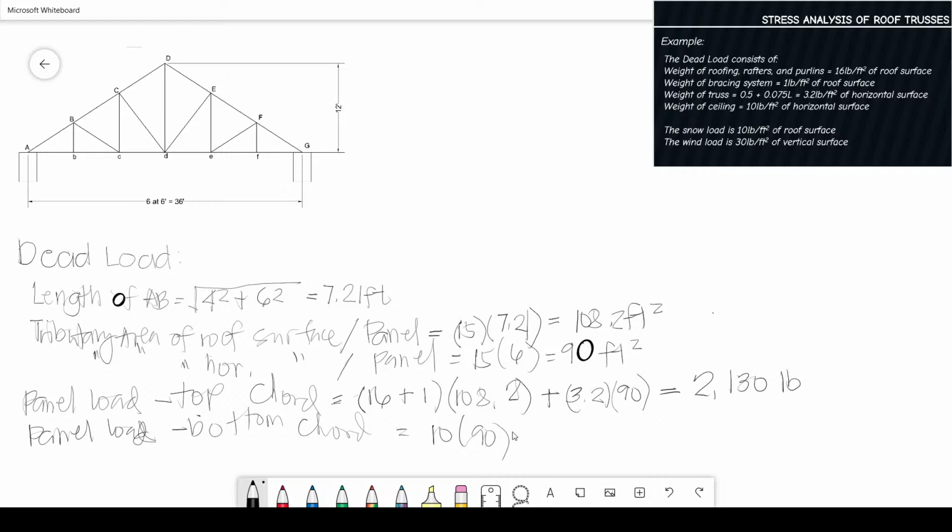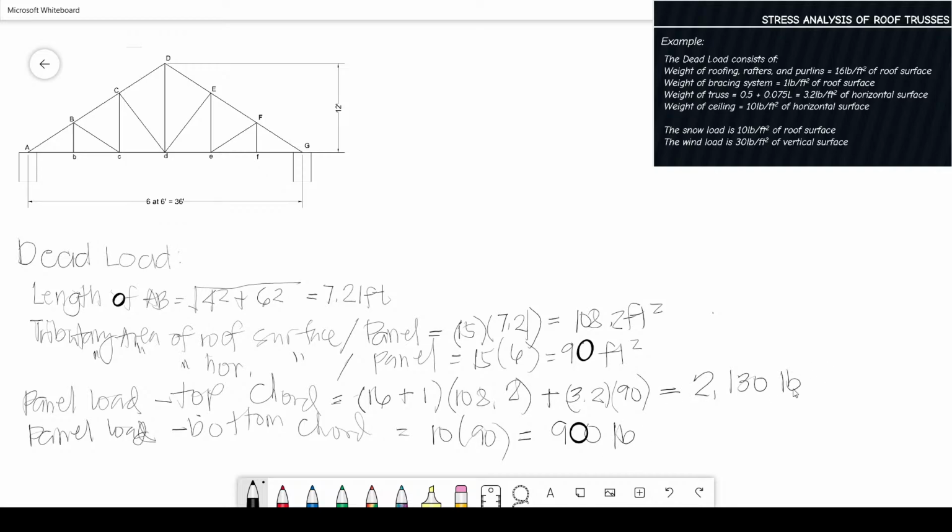The weight of ceiling does not go on the top chord. If you are familiar with ceiling, ceiling is kisame. In this problem, it involves some imagination, so you have to be familiar with the materials and structures. So, that is 900 pounds. So, you already have the loads.